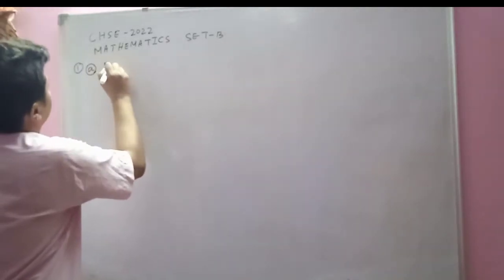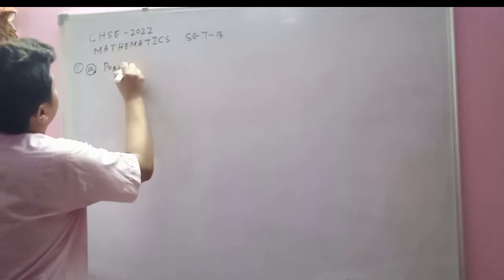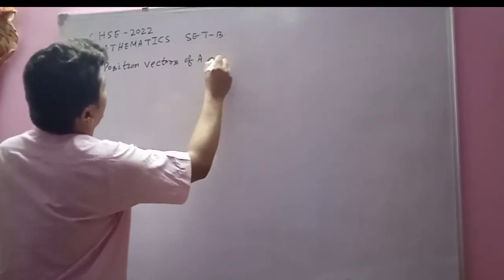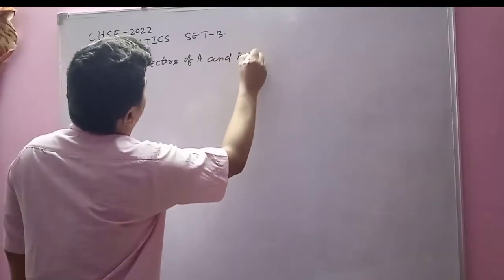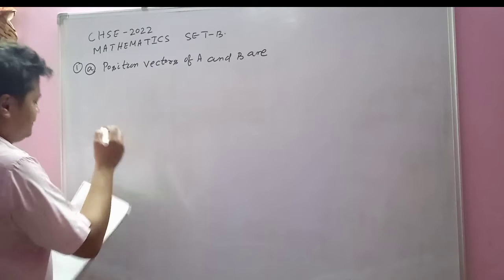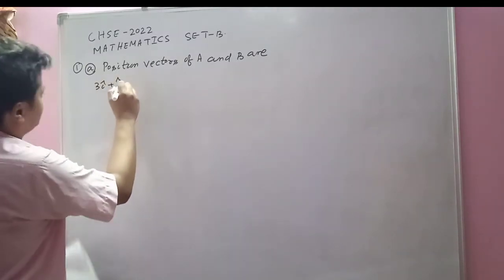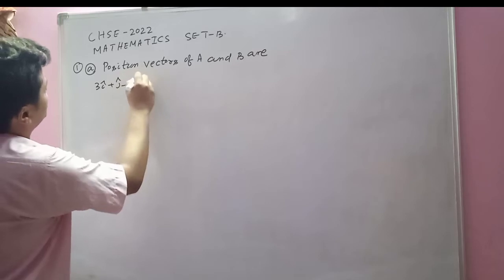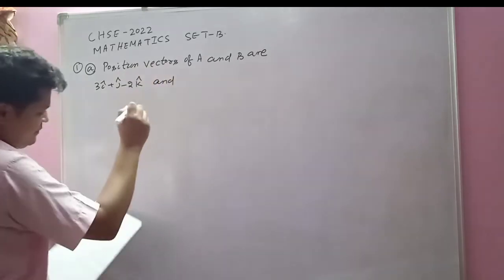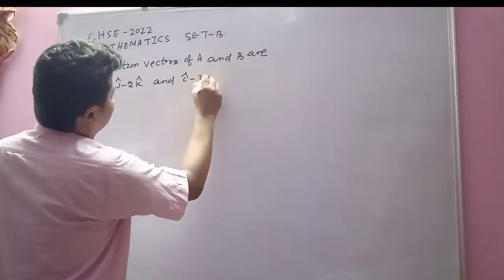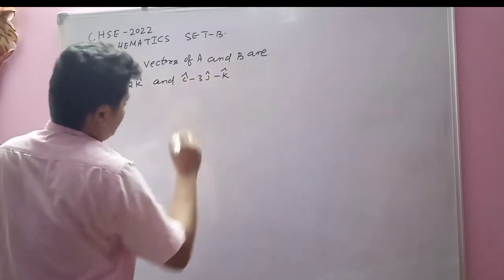Position vectors of A and B are 3i cap plus j cap minus 2k cap and i cap minus 3j cap minus k cap.